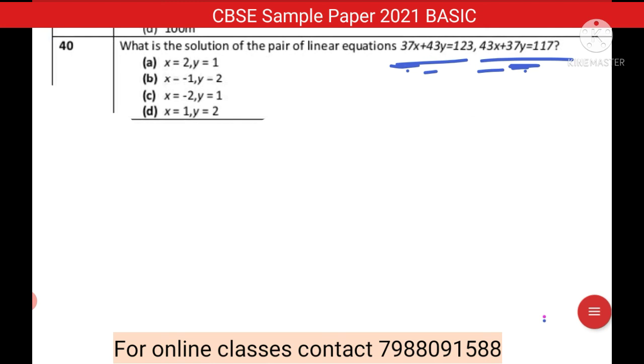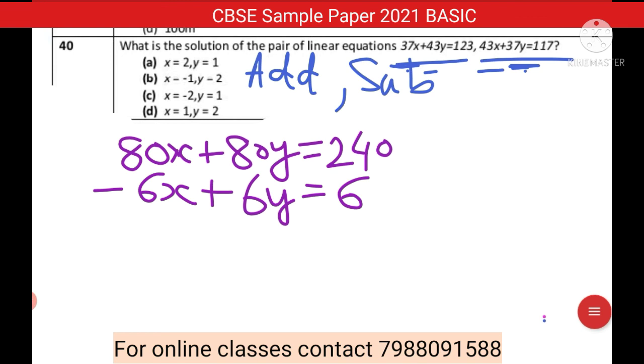So such equations are solved with a special method in which we add and subtract the equations. One time we add and one time we subtract. So let us see what we get on adding and subtracting. I get 80x plus 80y is equal to 240 and minus 6x plus 6y is equal to 6.